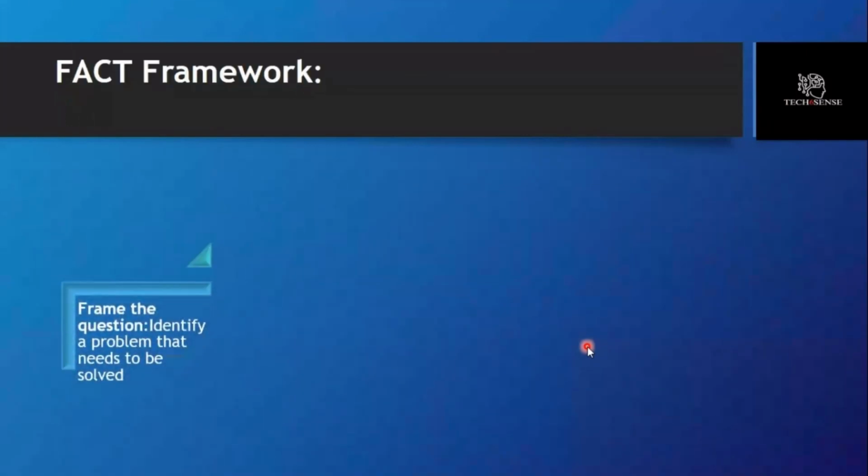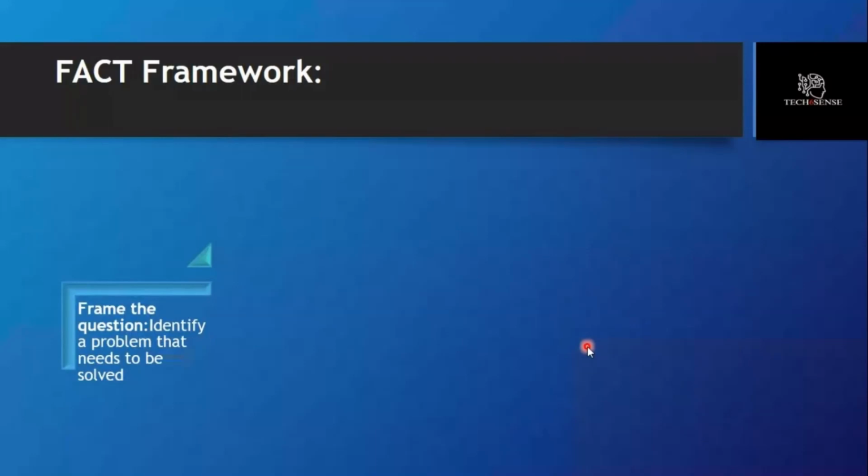Now, what is frame the question? Identify a problem that needs to be solved. Consider how you can frame the problem in a way that will encourage people to use data to find the root cause, and that will lead to some insight on which you can act.